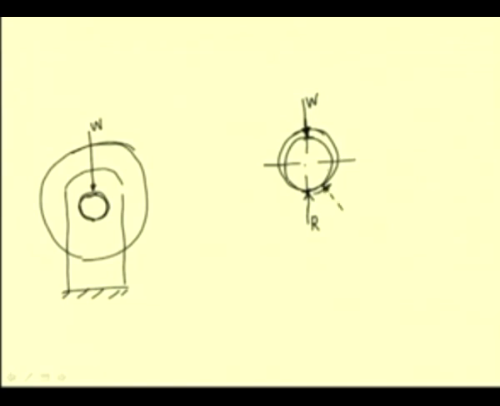Since the shaft or the axle is tending to slip in the downward direction, this is the direction in which the axle is trying to slip. So, the friction will be acting in this direction.